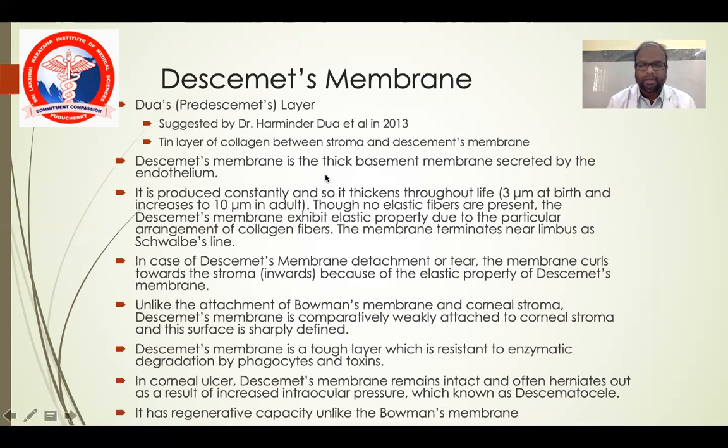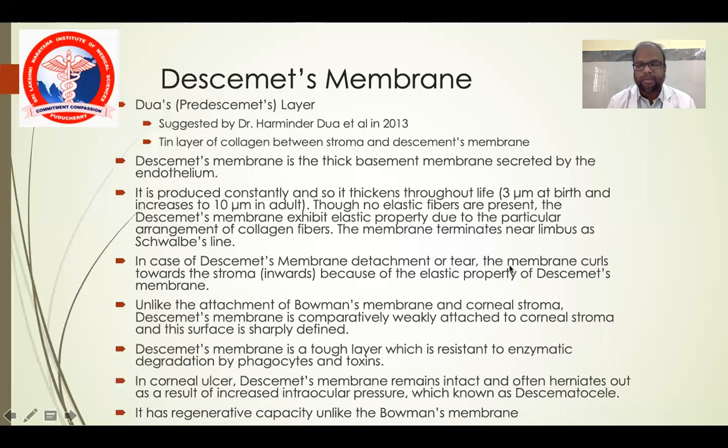Okay, though there are no elastic fibers present in the Descemet's membrane, it does have elastic properties because of the particular arrangement of collagen fibers. The Descemet's membrane terminates near the limbus as the Schwalbe's line. So what happens in case of Descemet's membrane detachment or tear?